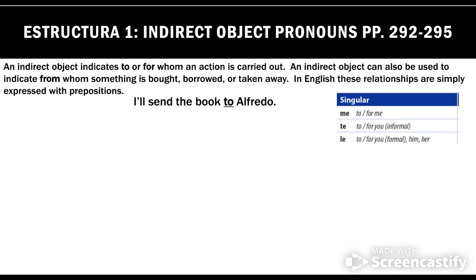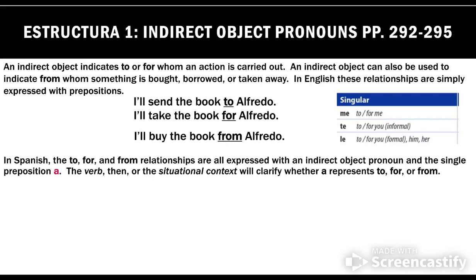Let's remember that. An indirect object can also be used to indicate from whom something is bought, borrowed, or taken away. And in English, these relationships are simply expressed with prepositions. I'll send the book to Alfredo. I'll take the book for Alfredo. I'll buy the book from Alfredo. Now in Spanish, that to, for, and from are all expressed with an indirect object pronoun and the single preposition a.